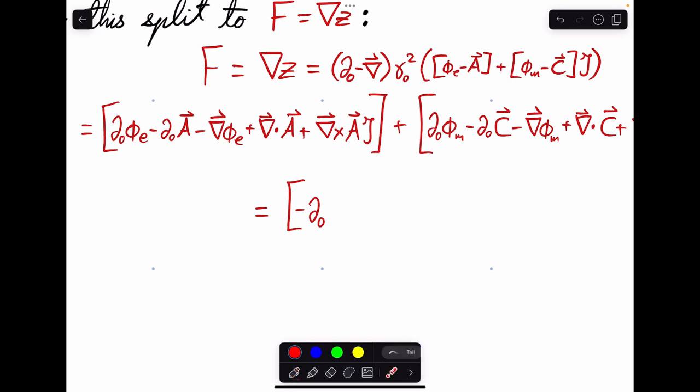Which then we know that this plus this is 0, this plus this is 0, so we can cancel those out.